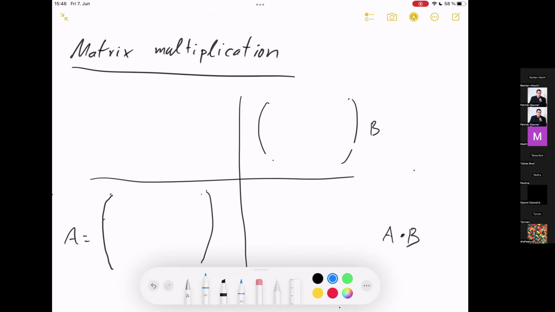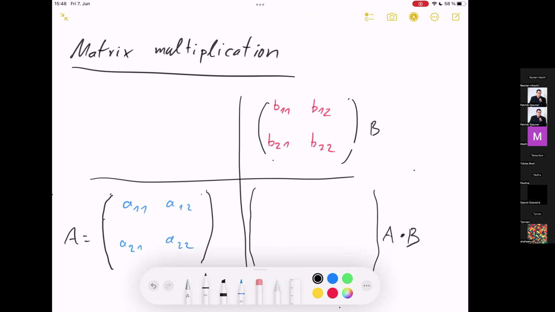So we have elements A11, A12, A21, and A22. And here we have elements B11, B12, B21, and B22. And we want to calculate our result matrix.